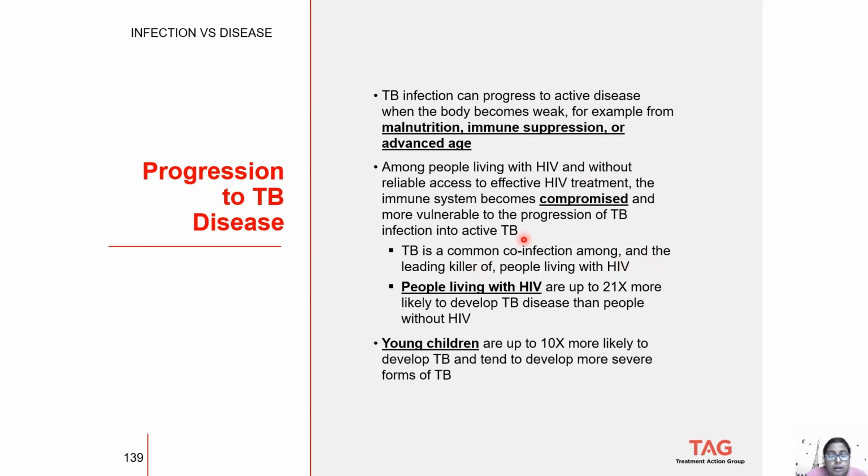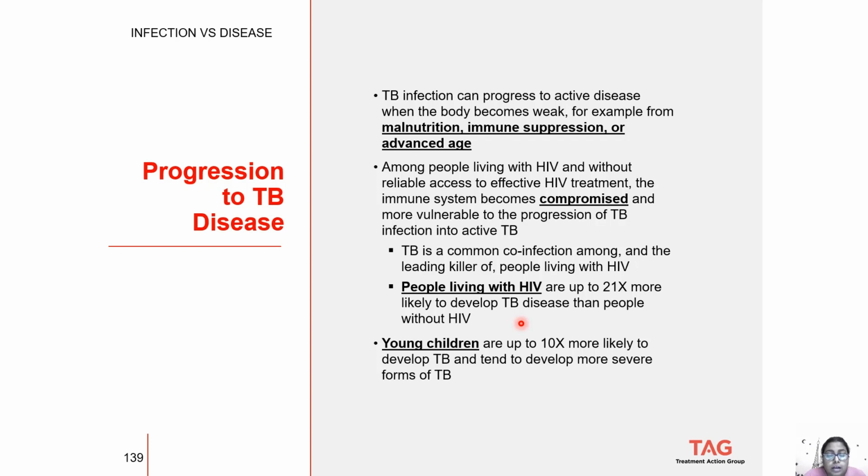And TB infection happens quite easily. People living with HIV are up to 21x more likely to develop TB disease than people without HIV. Obviously, because in people without HIV, the immune system is not compromised unless they are infected with some other very serious disease. In people living with HIV, the immune system is already very much compromised.